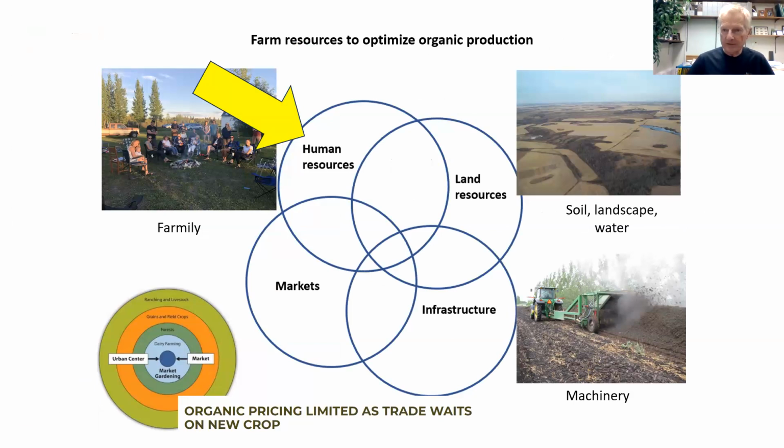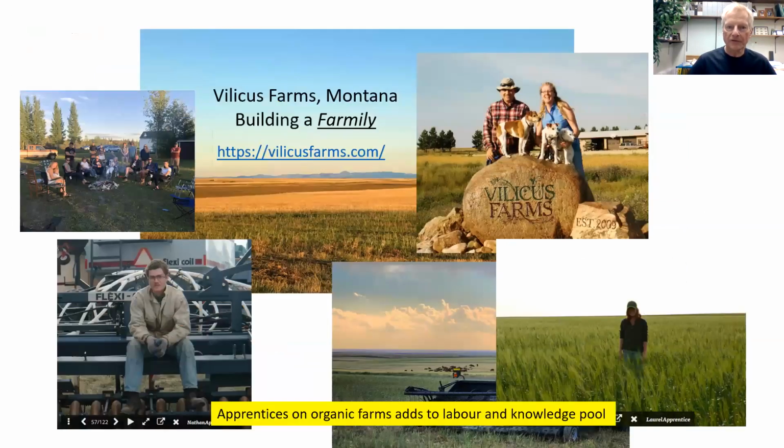This is the people who own or work or operate the farm. This one example is Villicus Farms in Montana. And I love this term, not family, but farmily.